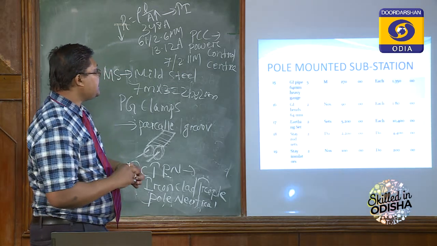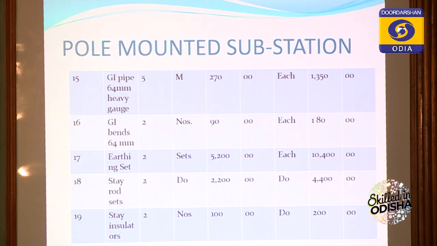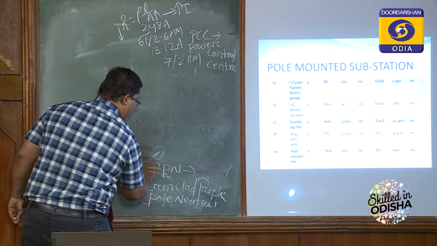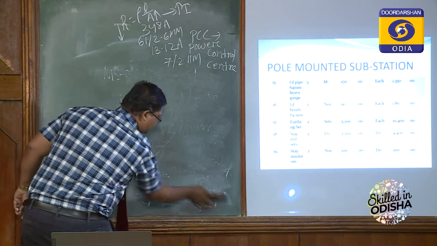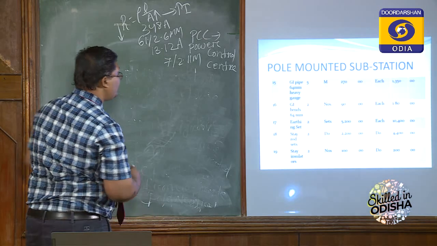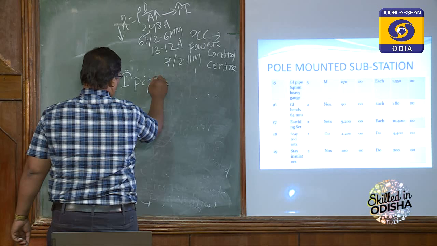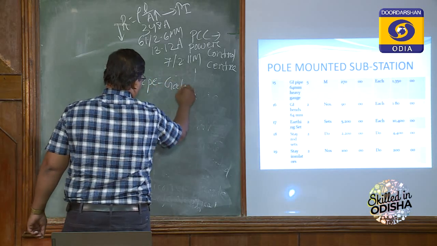Next, GI pipe 64 mm heavy gauge, where GI means galvanized iron. You have to memorize all these terms, which are required for pole mounted substation.